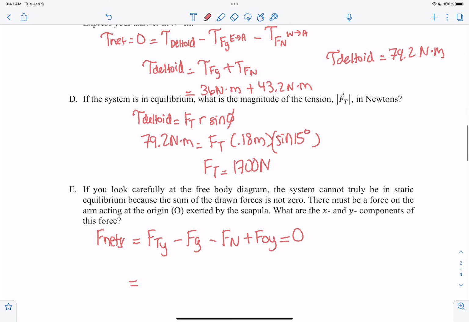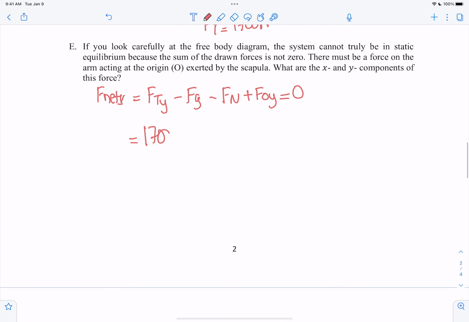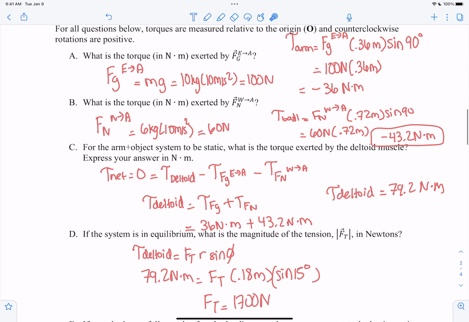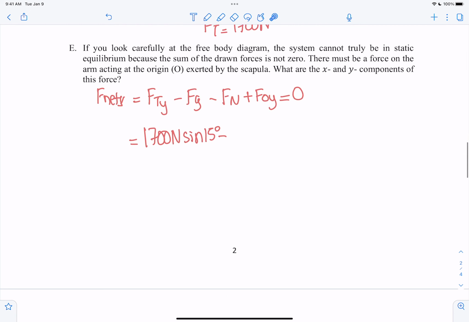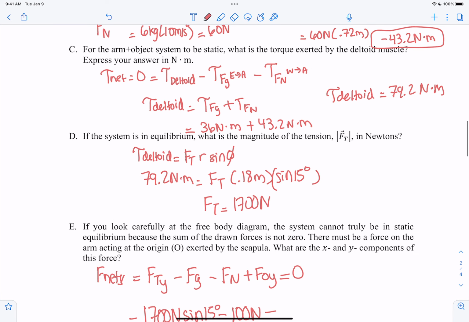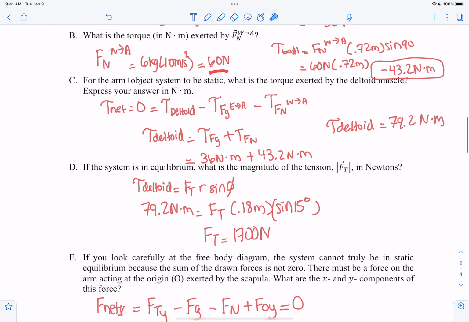So 1700 newtons times sine of 15 degrees, and then minus, this was 100 newtons, and it's also minus 60 newtons.